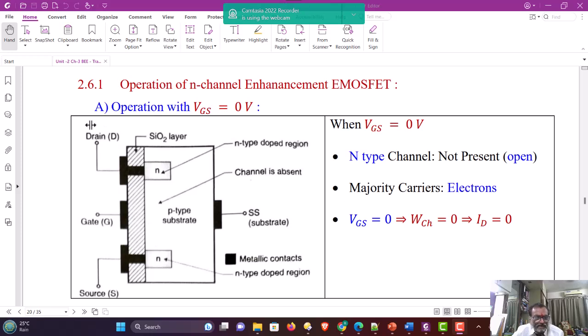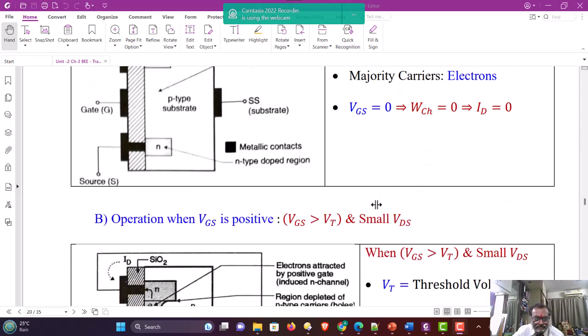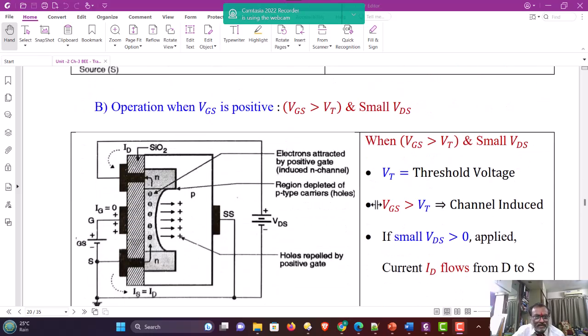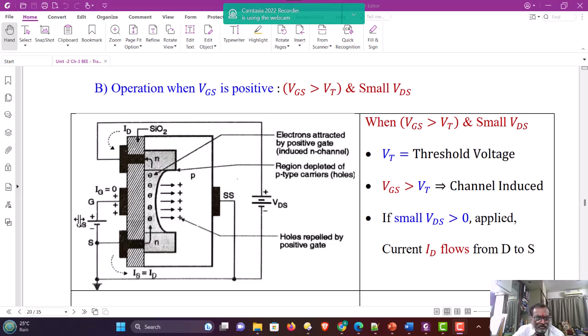So even though supply is applied between drain and source, one of the p-n junctions is in reverse bias and therefore there is no flow of current. So when there is no supply voltage, there is no conducting channel between drain and source, and therefore drain current is 0.